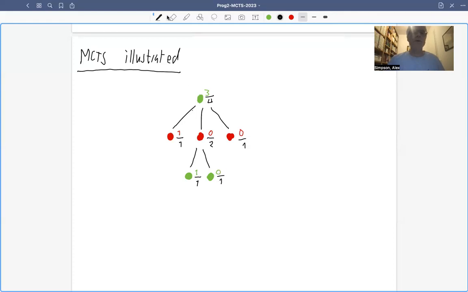Okay, so red has won this one. So red has now won 1 out of 3.